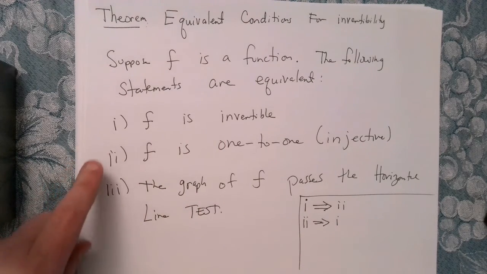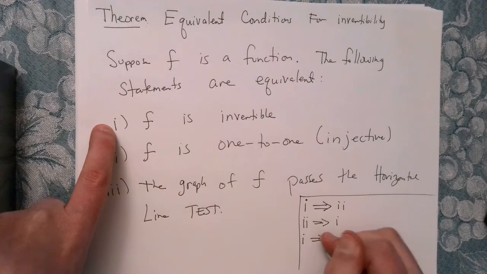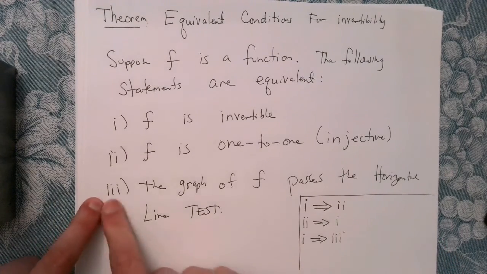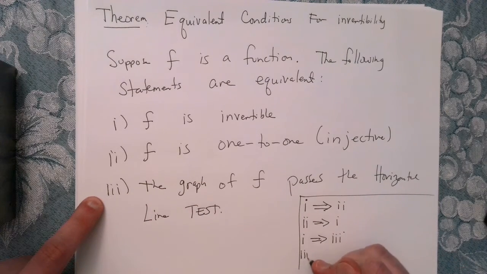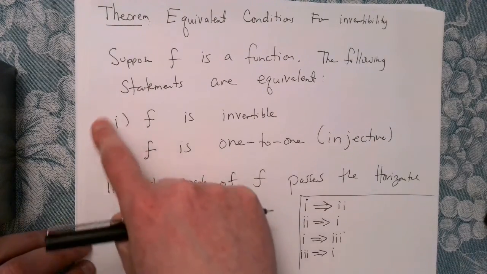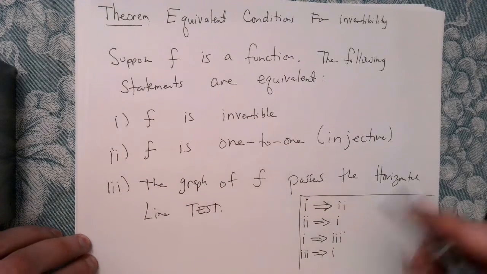Okay, well that's true. It also turns out if I know statement 1 is true, then that implies statement 3 is true. If I know that statement 3 is true, that implies 1. But I actually get more. So 1 implies 3, 3 implies 1. 1 implies 2, 2 implies 1. 2 implies 3, 3 implies 1.